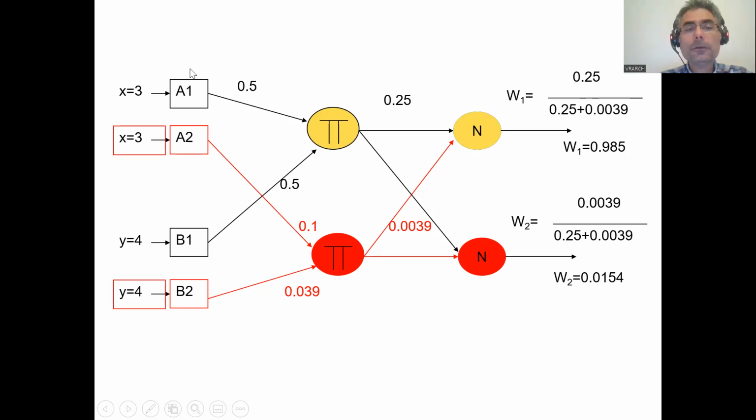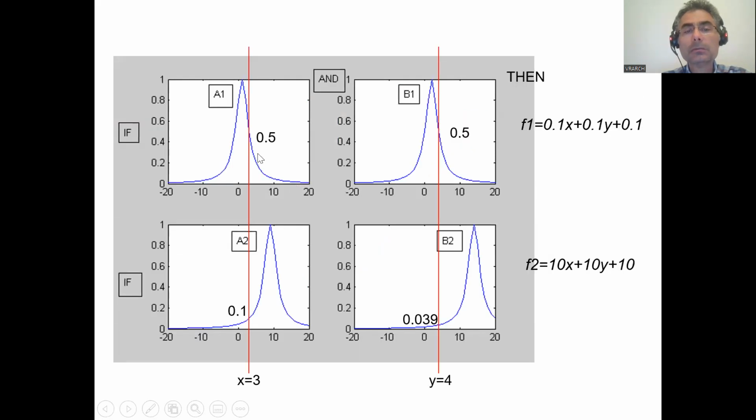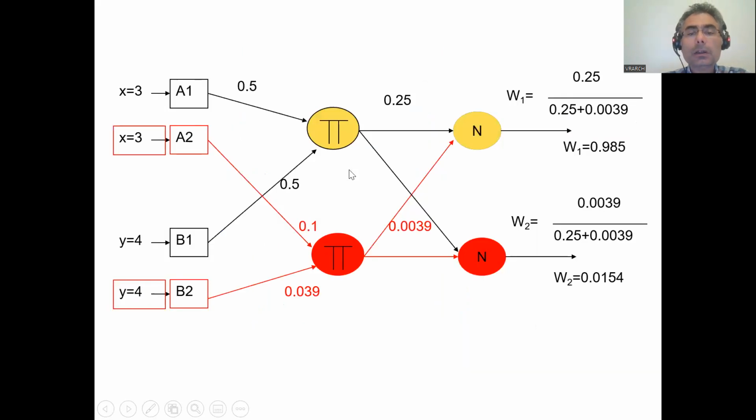And then for the first rule, if you look at this one, A1 is 0.5 and B1 is 0.5, as you can see here, 0.5, 0.5. We need to multiply this. So this comes here as 0.05, and this is 0.039.